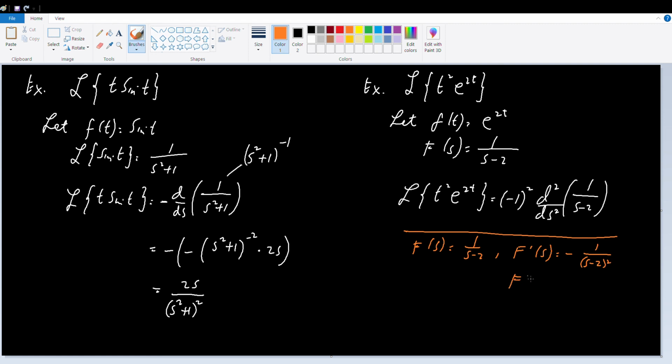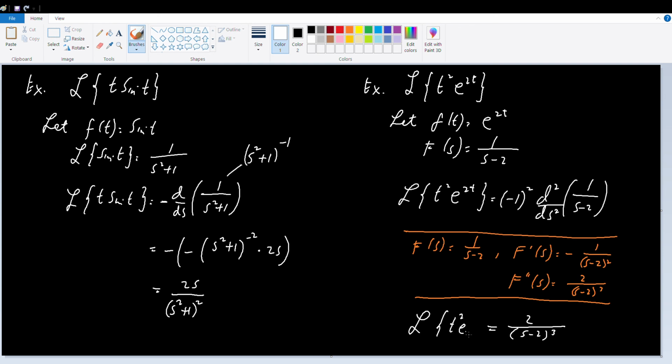Then the second derivative will be positive 2 over s minus 2 cubed. Okay? So the answer here will be equal to negative 1 squared, or positive 1, times 2 over s minus 2 quantity cubed. Okay, that is the Laplace transform of t squared e to the 2t.